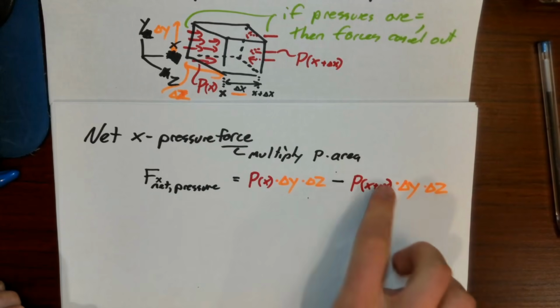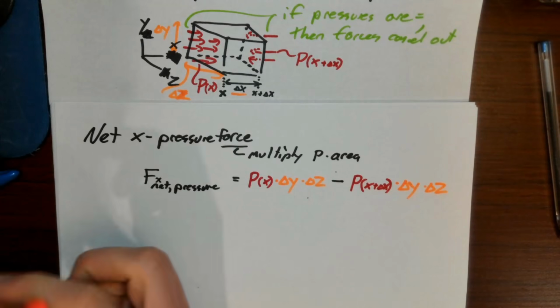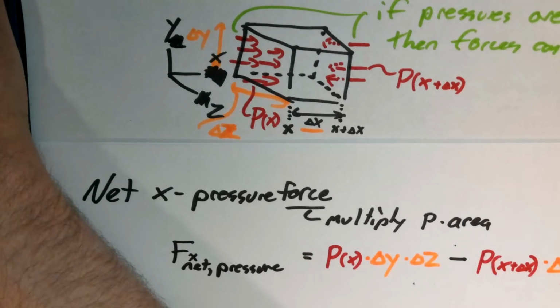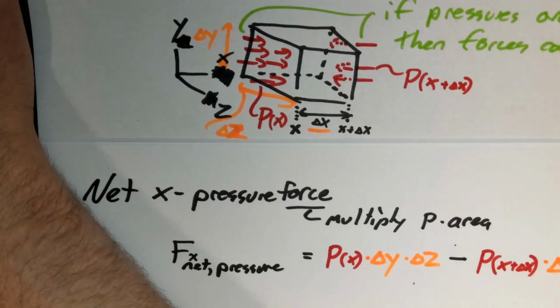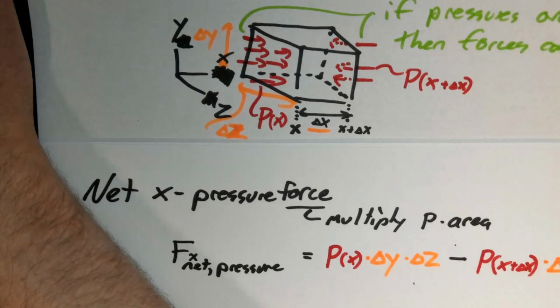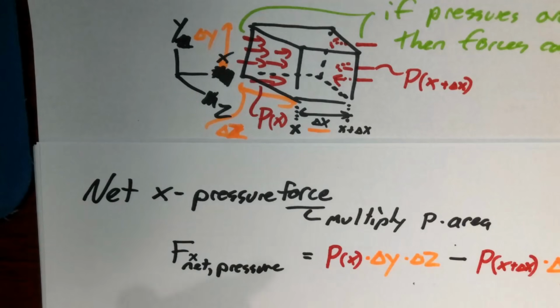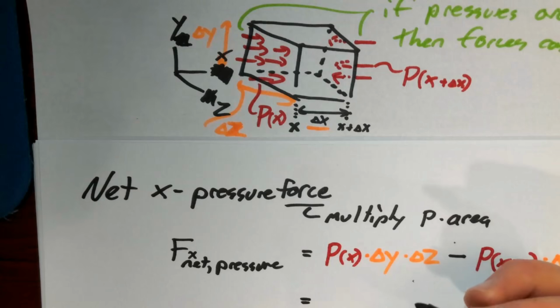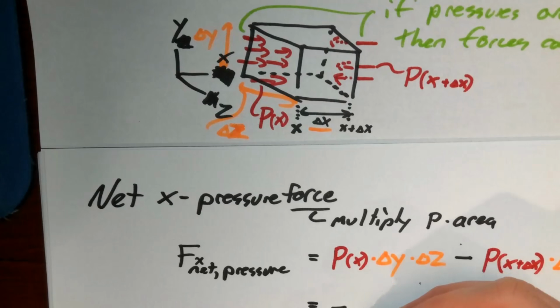So what does that mean? Well, we can factor out some like terms here. And what do we get? We'd have a minus sign.